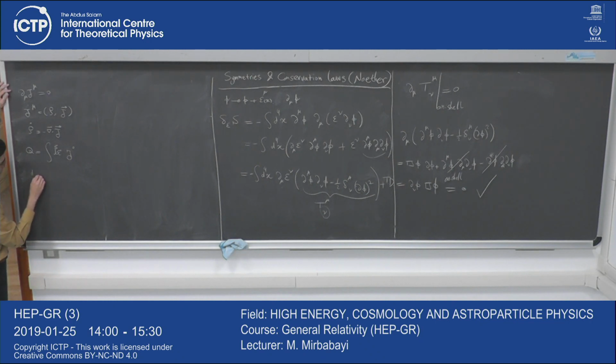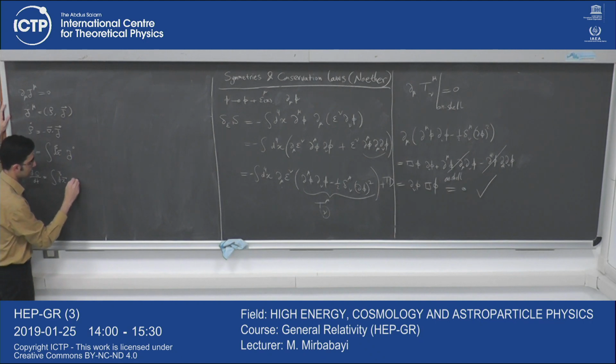If I want to calculate dQ by dt, that will be equal to the integral d3x. I take the time derivative inside the integral, it becomes a partial time derivative, d0 of j0.